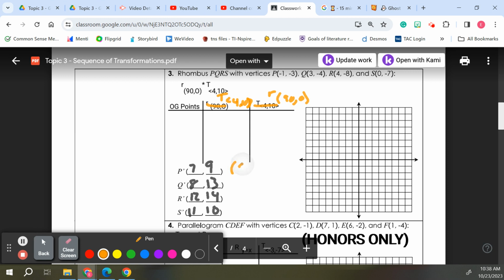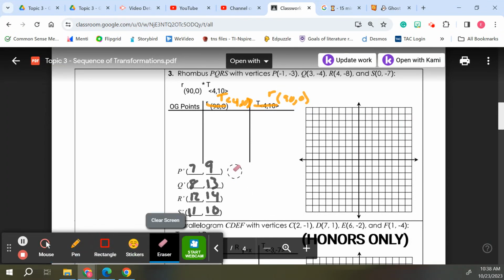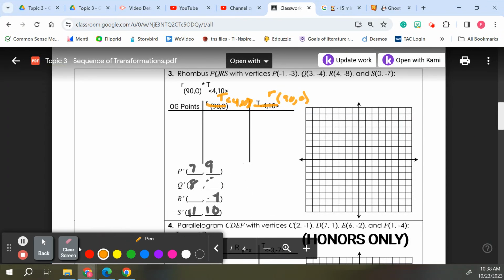P prime would have been, whoops, sorry, my apologies. That's the wrong sheet. Let's see. You would have had (-7, 3), (-6, 7), (-2, 8), and (-3, 4).